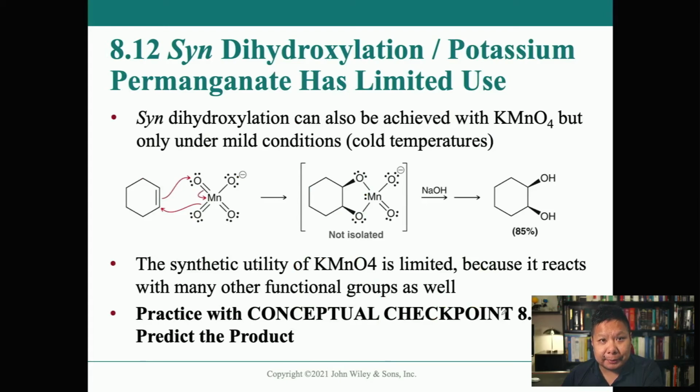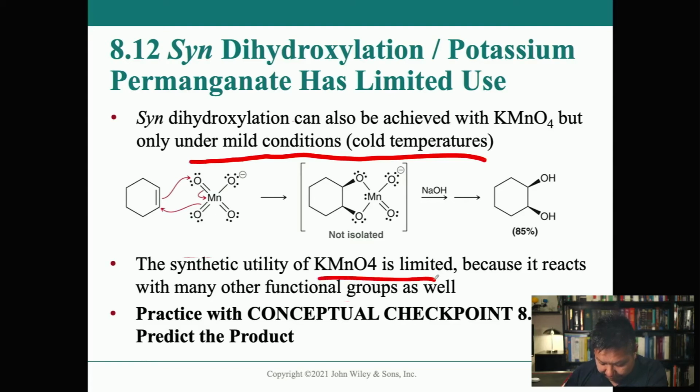You can also use potassium permanganate in this kind of reaction to get syn addition of the dihydroxylation, but only under milder conditions, cold temperatures. The synthetic utility of using potassium permanganate is limited because it reacts with many other functional groups as well.